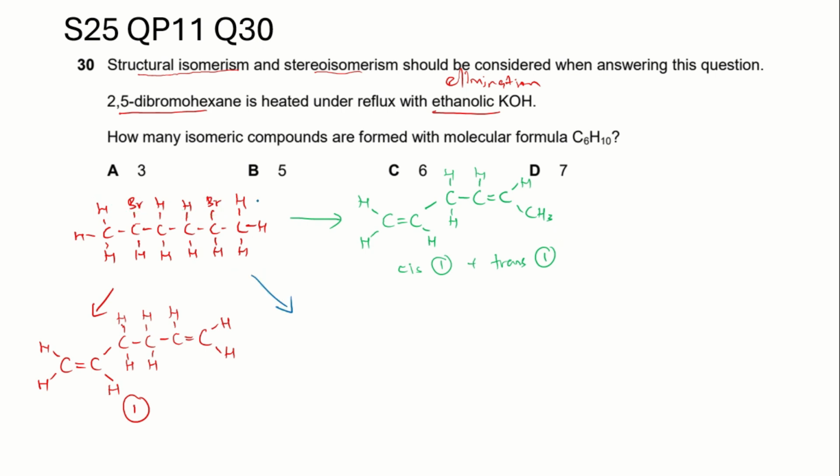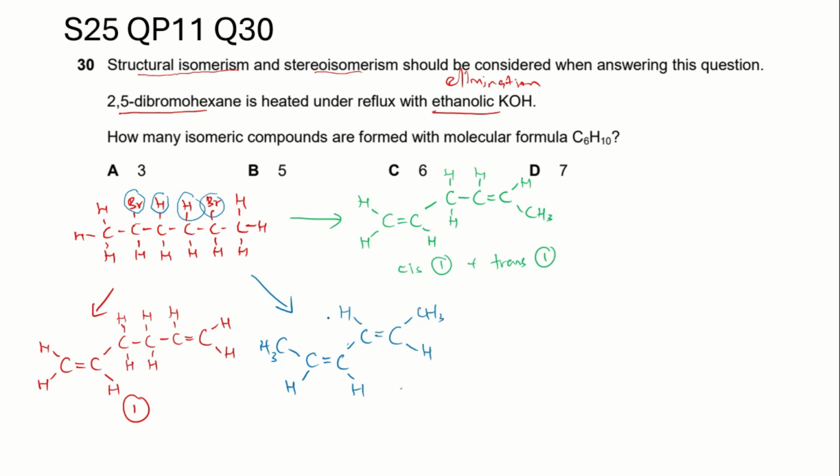Let's look at the third product now. For the third one, I want to remove bromine and also hydrogen from the carbon on the right hand side, so a double bond will be formed between these two carbons now. For the bromine on the right hand side, I also remove the hydrogen on the carbon on the left.